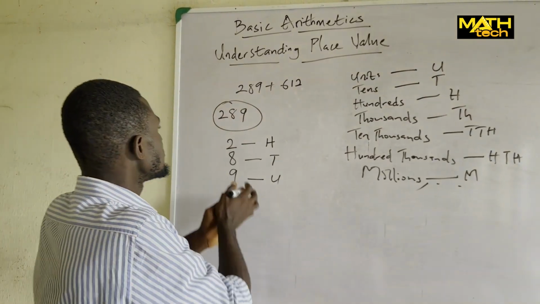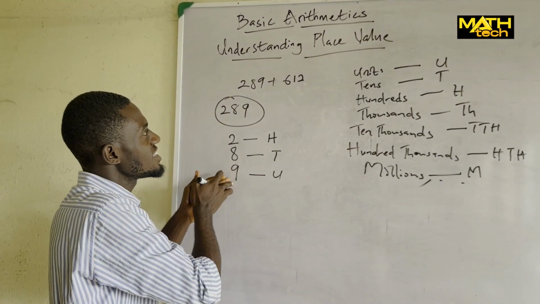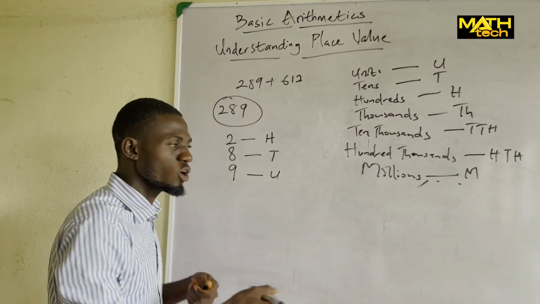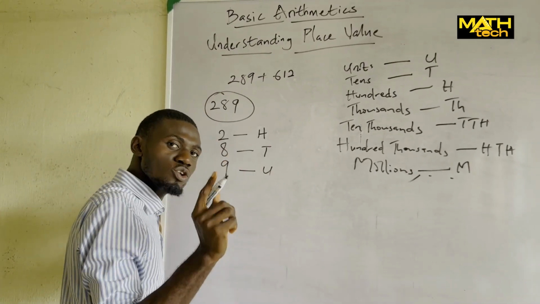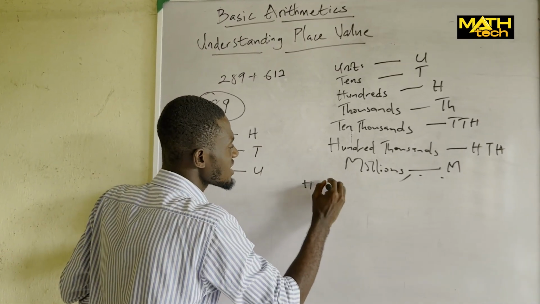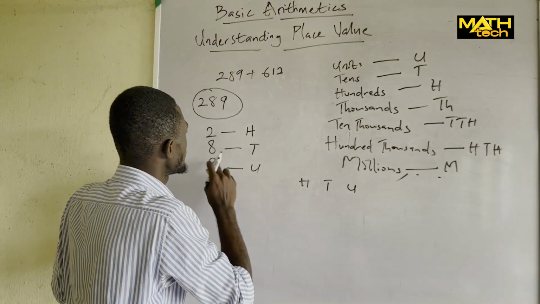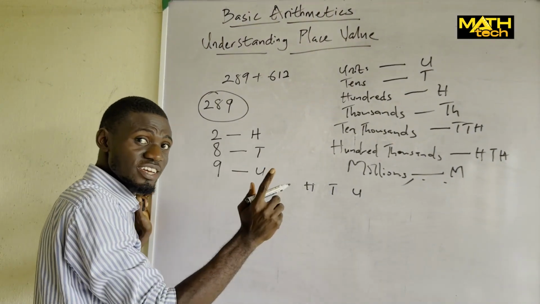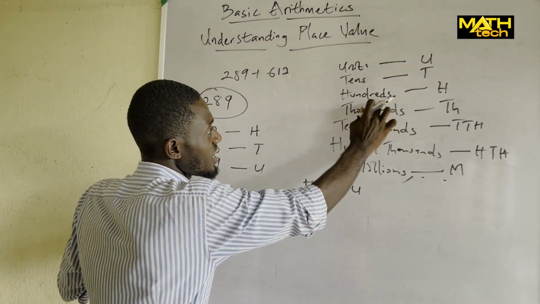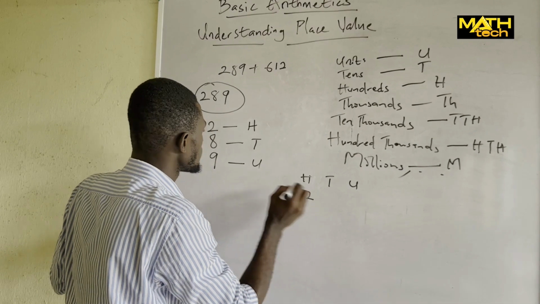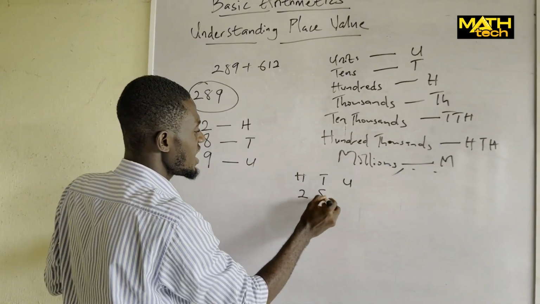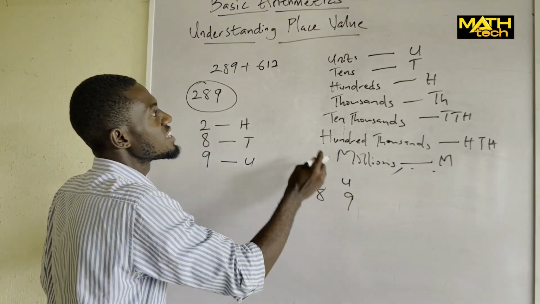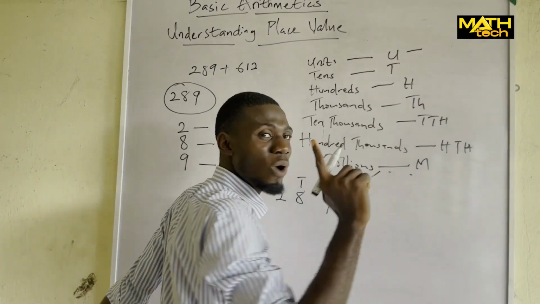Now we are given 289 plus 612. So we know that from our hundreds, tens, and units, the 2 is hundreds, the 8 is the tens, and the 9 is the units. Now, the unit contains just 1 digit.